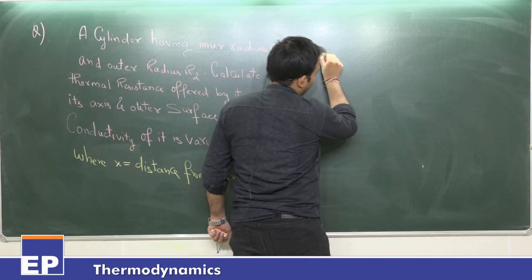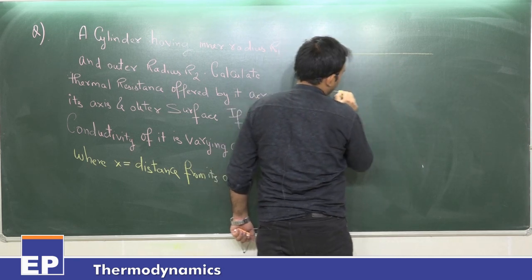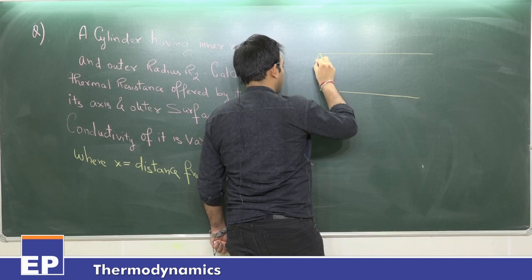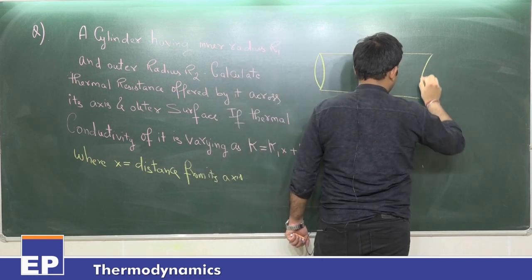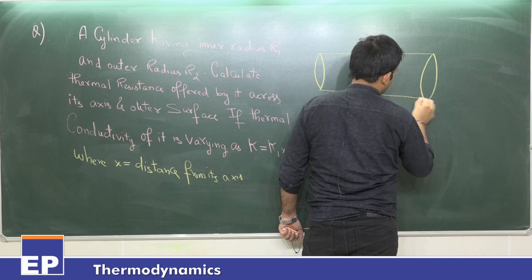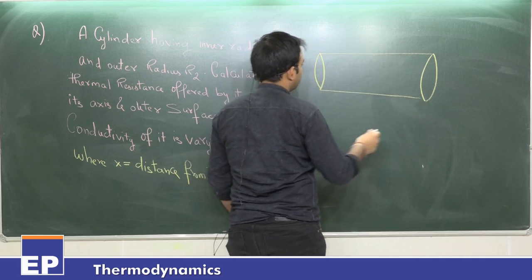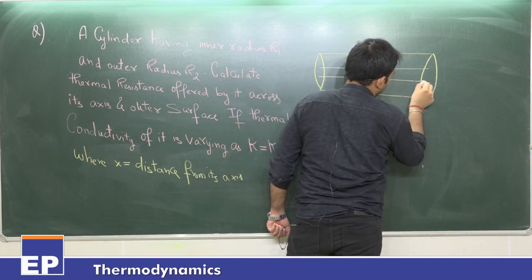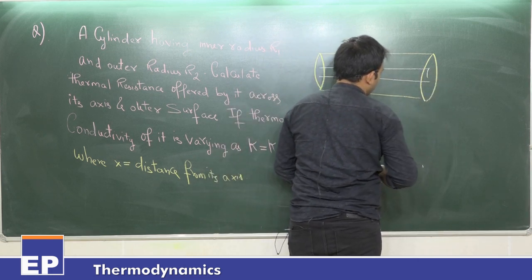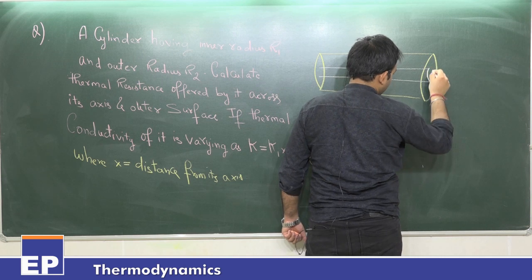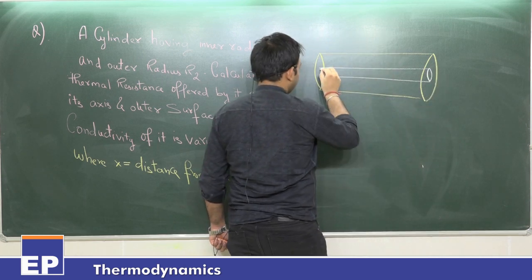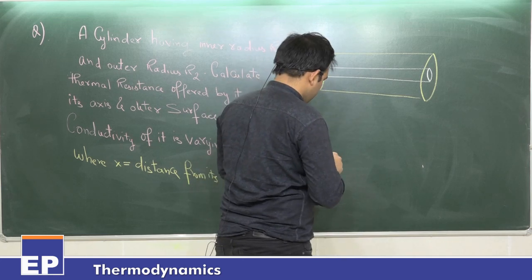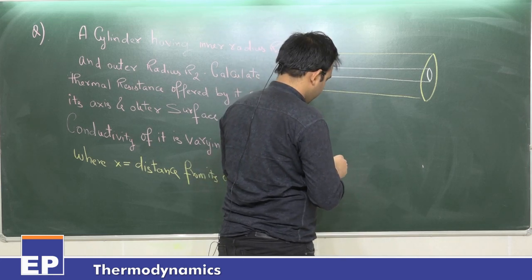Means this is a cylinder and its inner surface is this. The axis of cylinder is this.